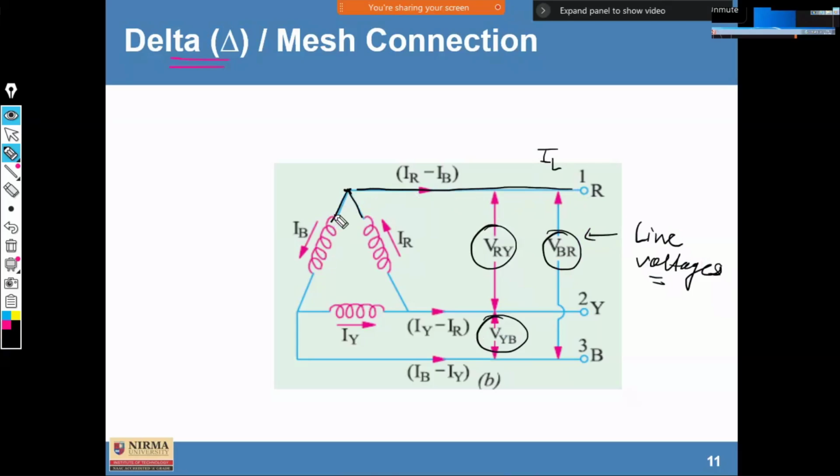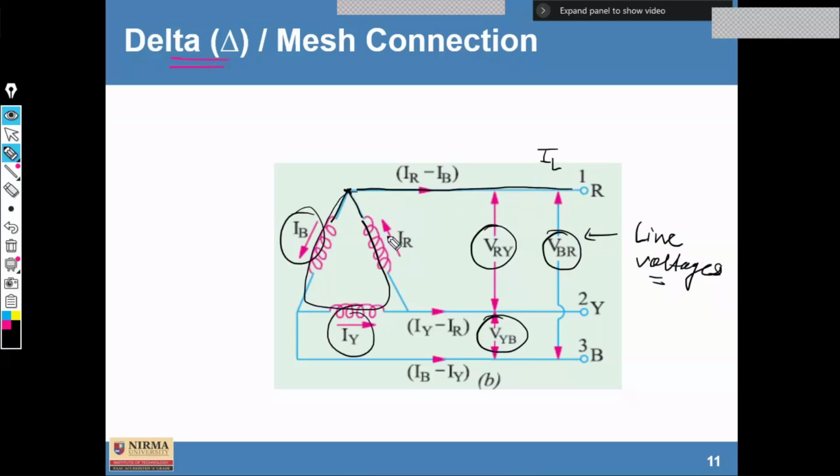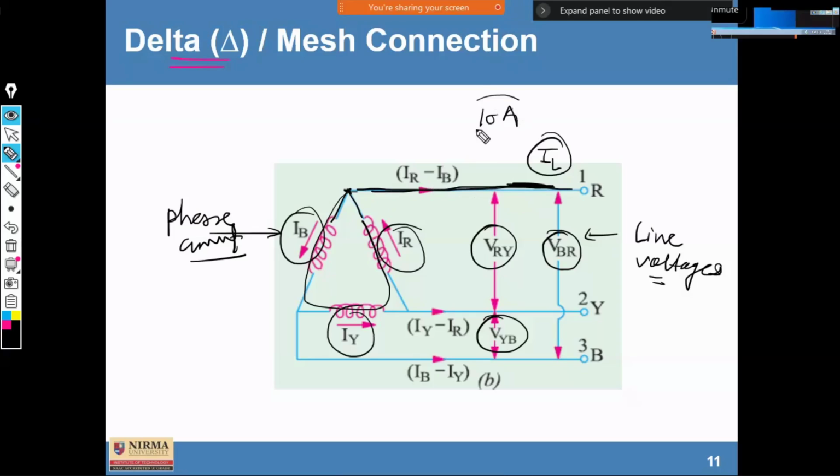So current may be flowing from here to here, as the arrow shows. Fine. So you can consider that this is the phase current. Phase current means the current flowing through this phase, and this is the line current flowing through this line. Clear? So suppose 10 ampere current flows, then the 10 ampere current will be divided into two different branches here. Clear?